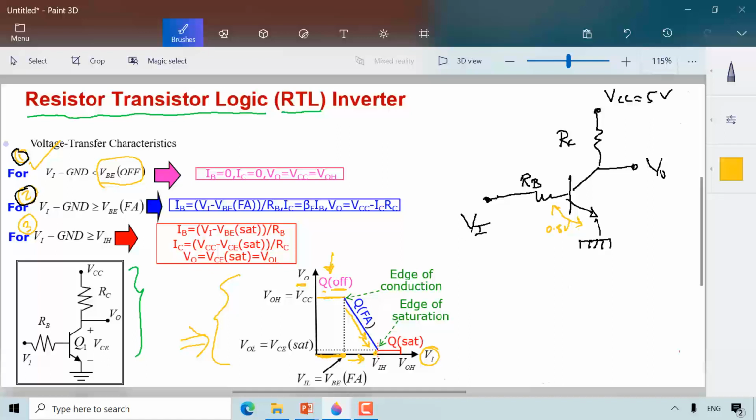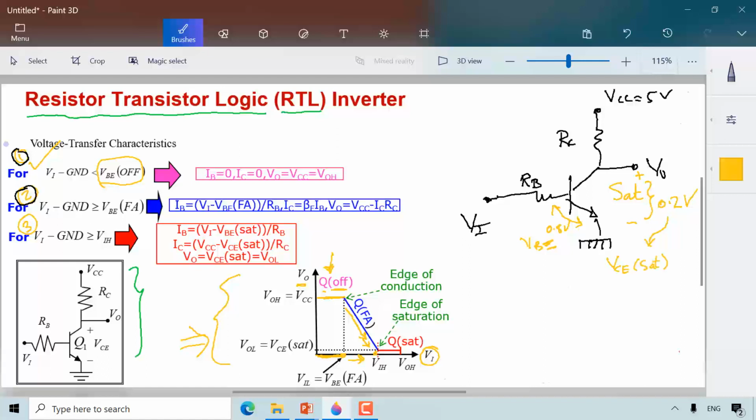In this case, when VBE equals 0.8 volt, this transistor is now placed in the saturation region, where I know that the differential voltage between the collector and the emitter equals 0.2 volt, and this is referred to as VCE saturation.